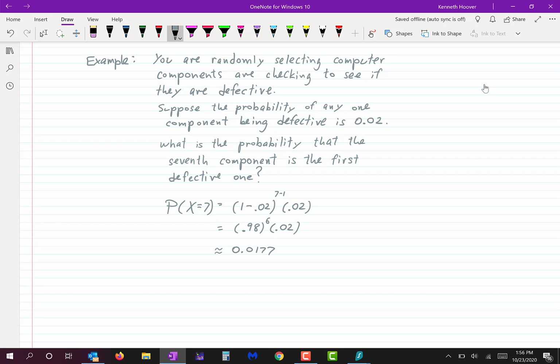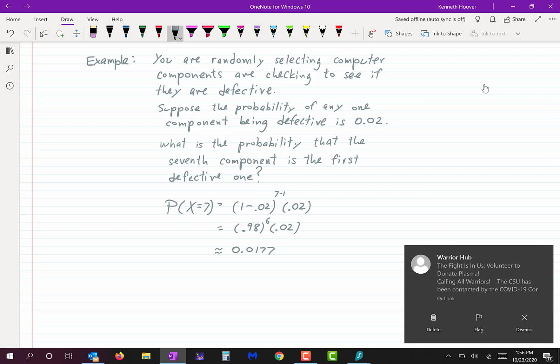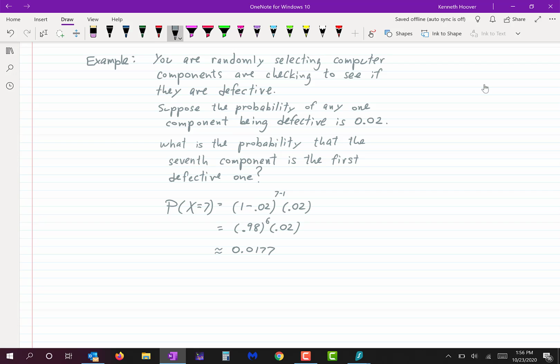How many components would you expect to test until one is found defective?